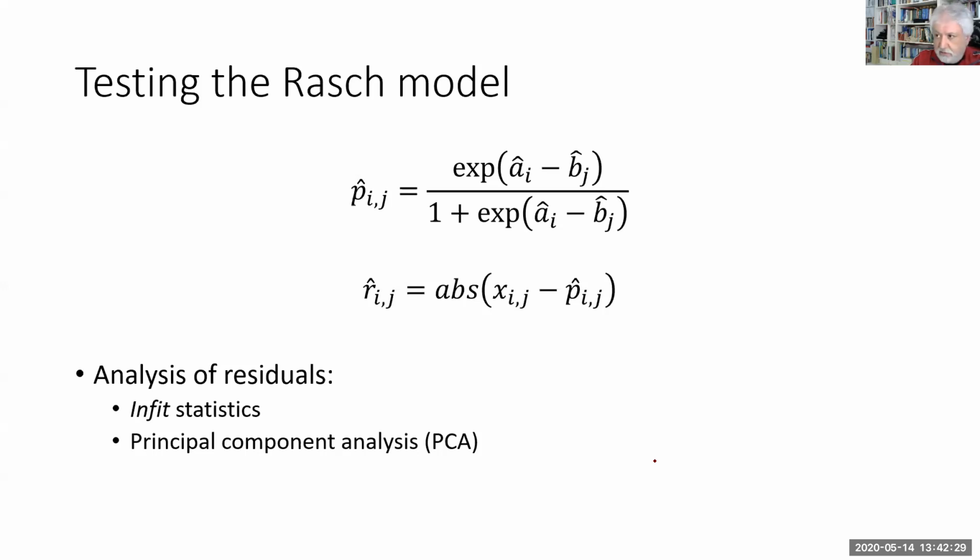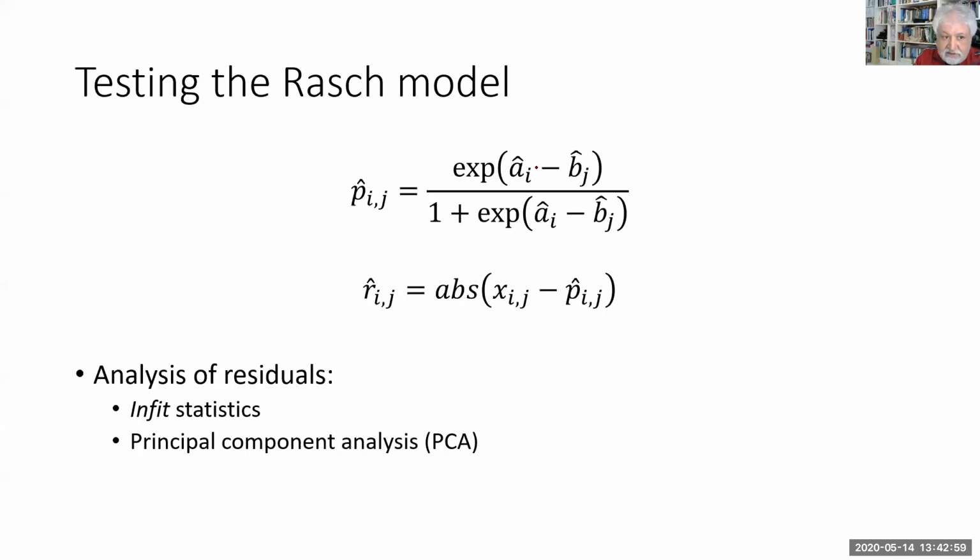So what I have now on the screen is that now you have run the software, you have estimated the maximum likelihood value of the parameters A and B. This is what the little hat on top of the letter means. So these are not just possible values, these are the estimated values.